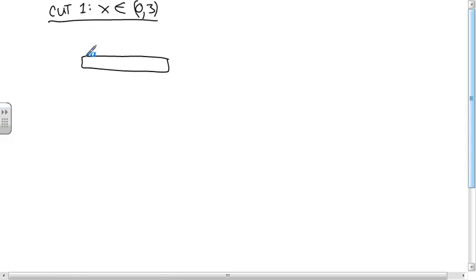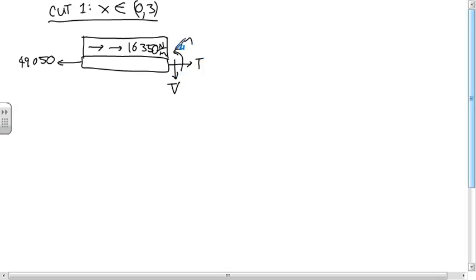So in our cut, we have that 49,050, and we have the distributed load of 16,350, and we have the internal loads. And the length is x. Now that we've isolated the body, we can treat that distributed load as a point force.